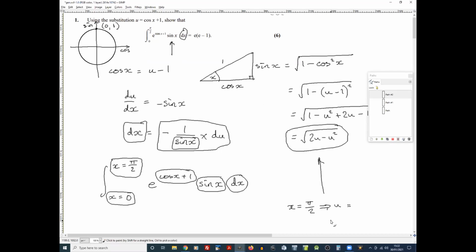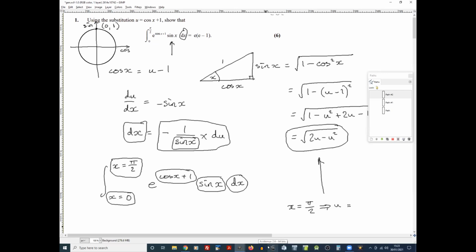So u would be what for an x value of pi over 2? What are you thinking when I say u? Cos x. So what if they told you to think for u?